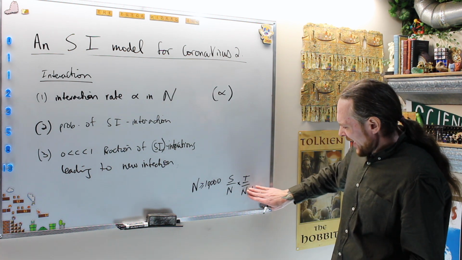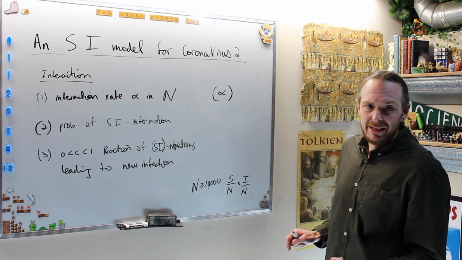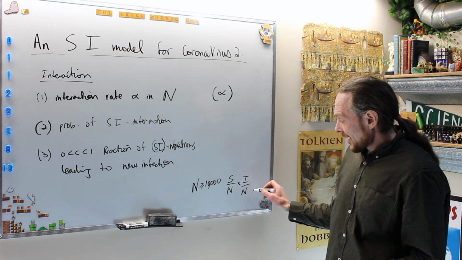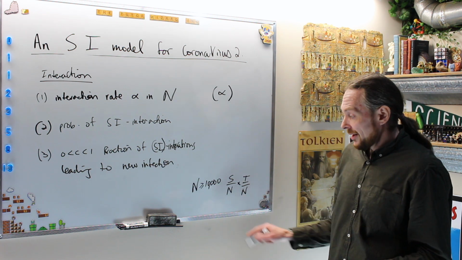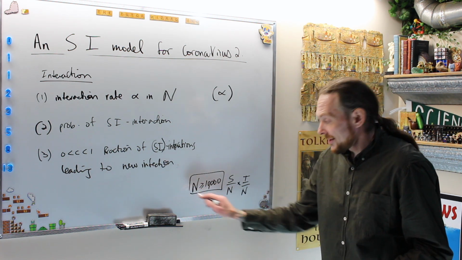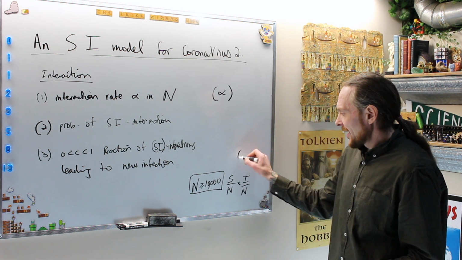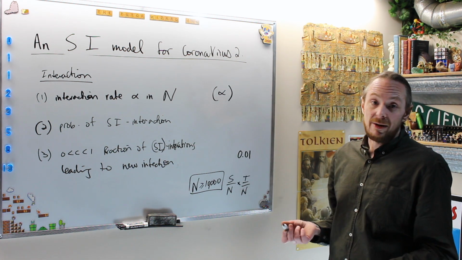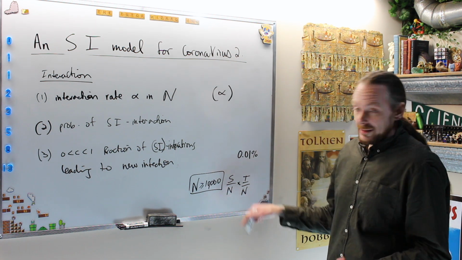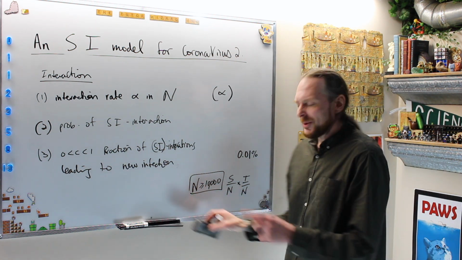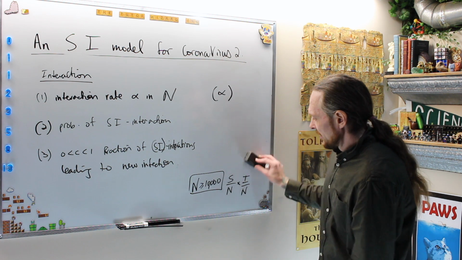But we want a nice term in our formula, so I want to replace N minus 1 with N. As long as N is larger than 10,000, the error in replacing N minus 1 with N is less than 0.01%. Statistically, we want to make sure I can do this.